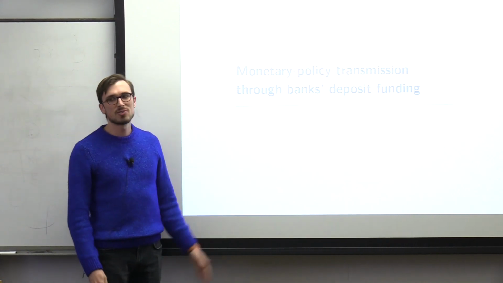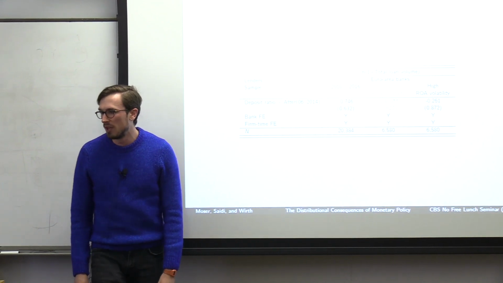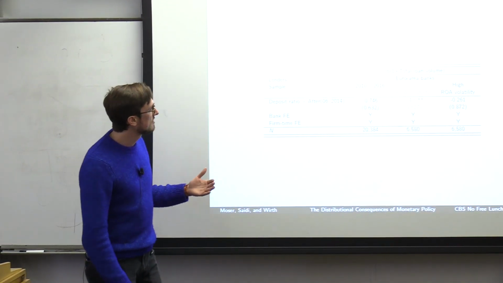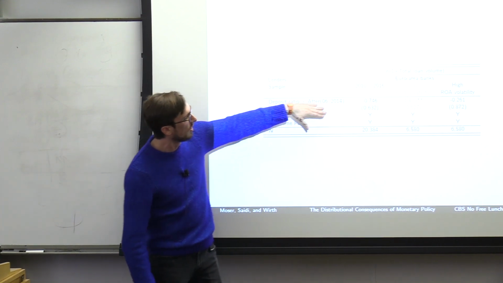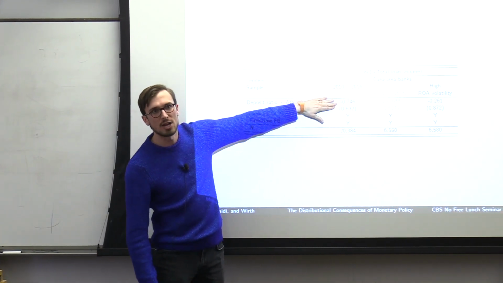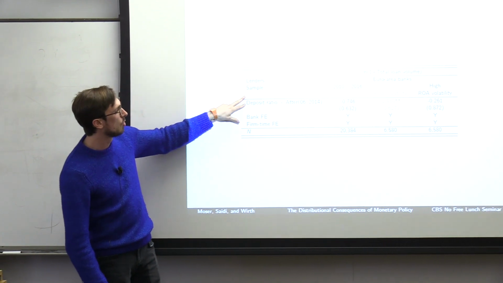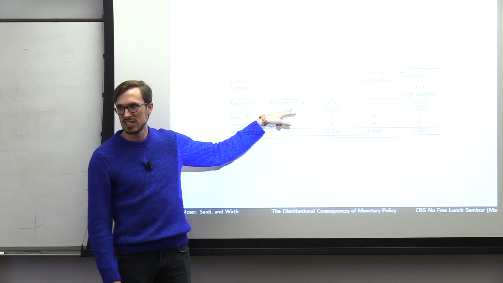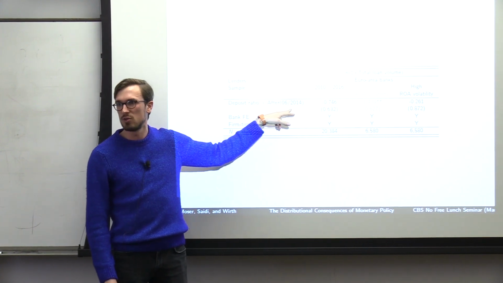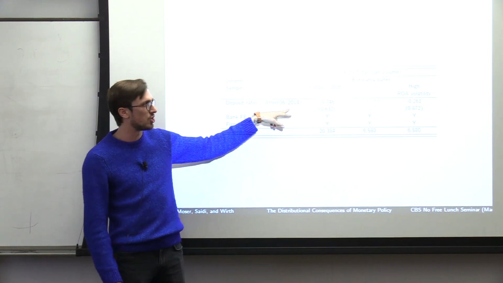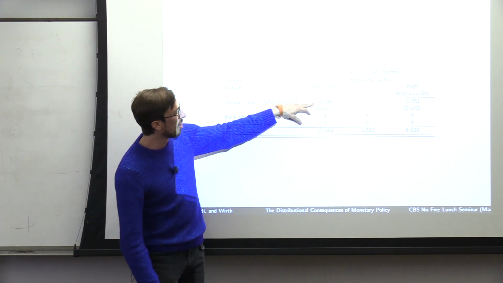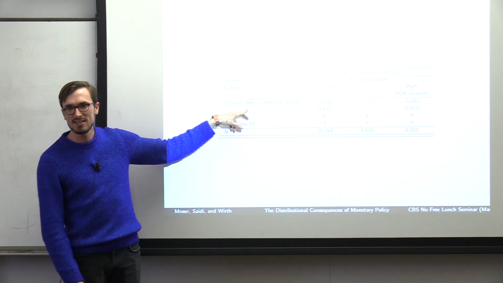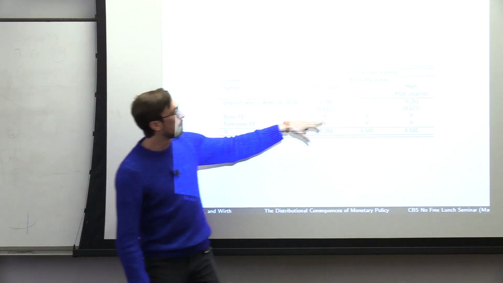So what does monetary policy do in this setting in Germany? The first finding, and that's the first key step, is that we find an overall negative credit supply shock induced by high-deposit banks after June 2014, lending less to the firms that they have pre-existing relationships with. So overall, there's a negative effect on credit in the economy due to these negative rates at the ECB level.